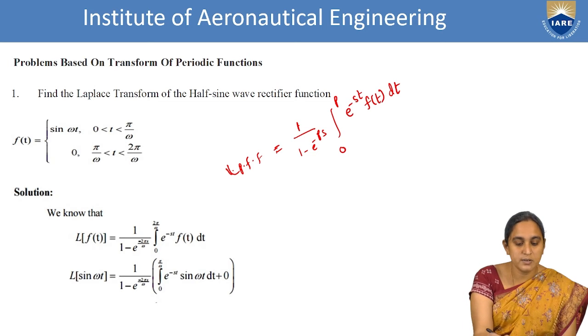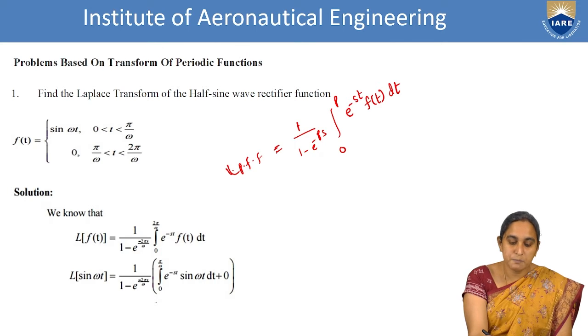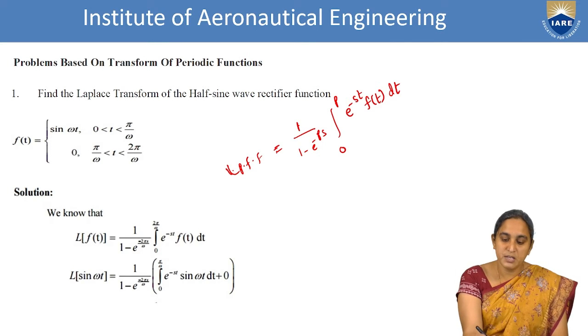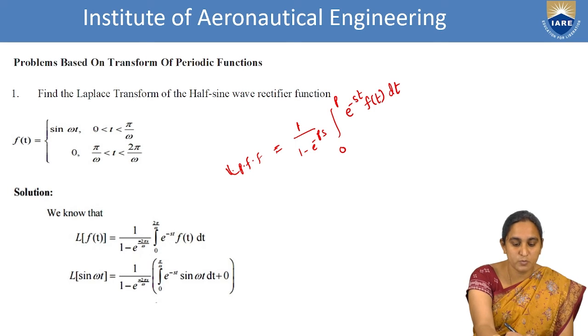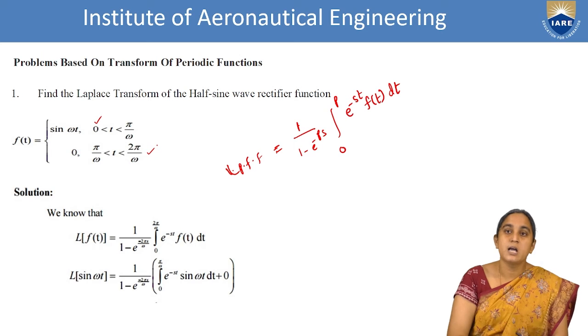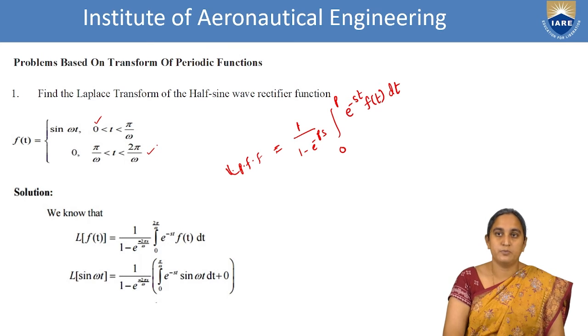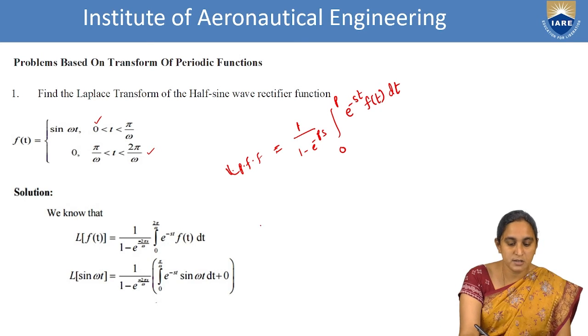What is the given question here? Laplace of f(t), where f(t) is the given function. I'm applying the transformation formula on this function. The period, from the question, is 0 to 2π/ω.